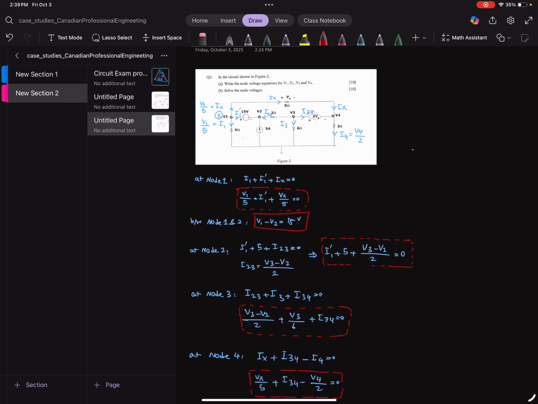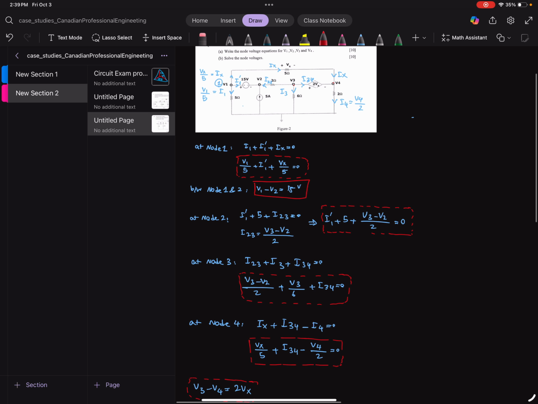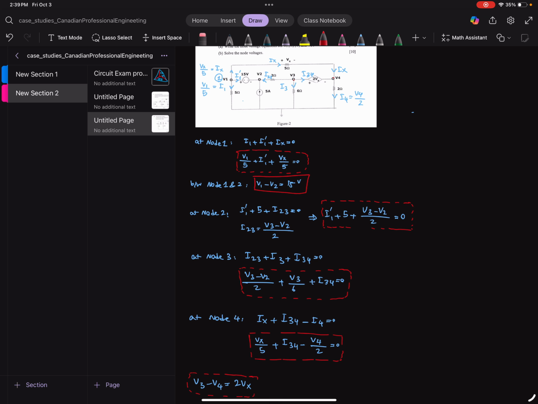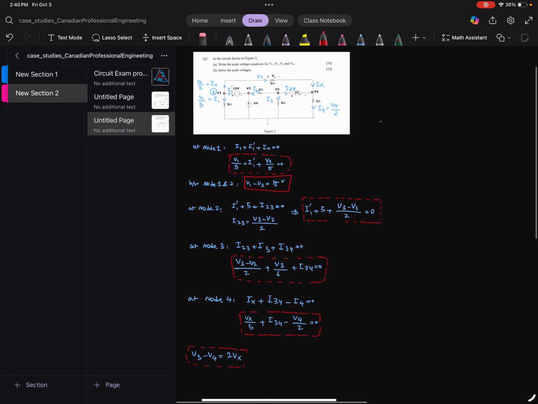Right now, we wrote it for that one, for this one, and okay. Now we have I34, Vx and I prime 1 that we have to get rid of, okay? And then let's see what else we have.